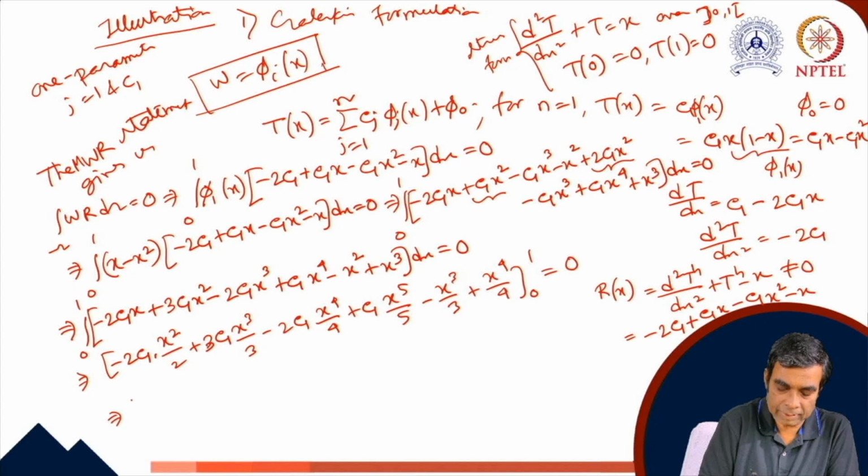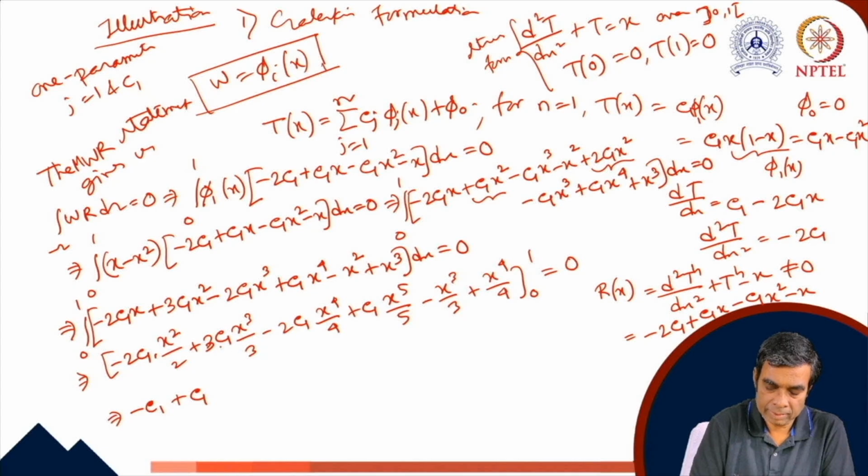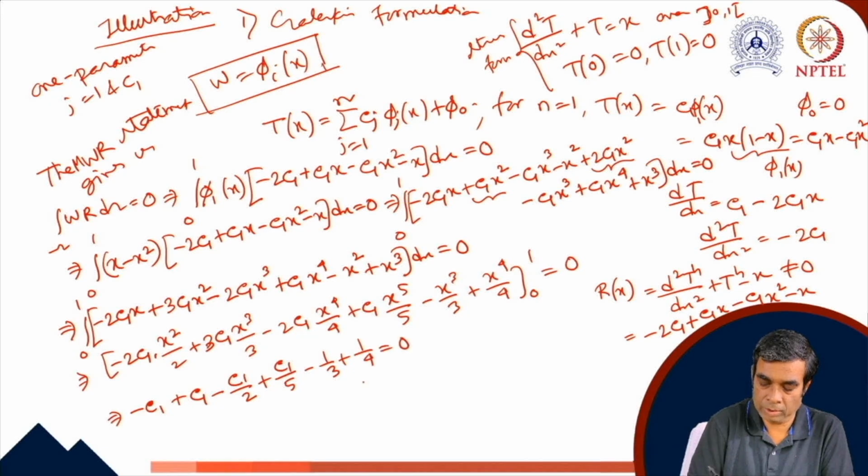This gives us minus C1 plus C1, minus C1, plus C1, minus C1 by 2 plus C1 by 5 minus 1 by 3 plus 1 by 4 equals 0.